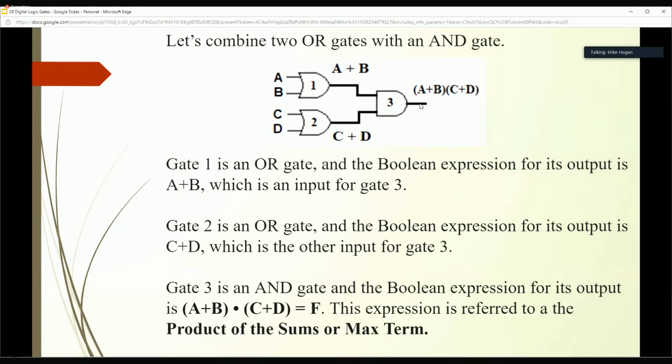Anything other than that, right? If I had all zeros, or a low on C and D, if I get 0 out of either one of these OR gates, then I'm not going to get a 1 out here. So that's just one combination.